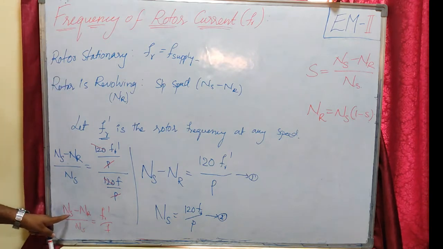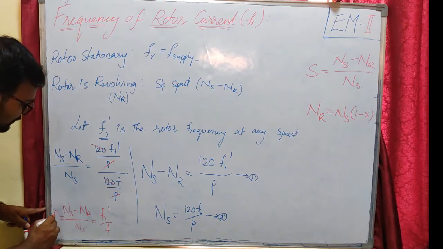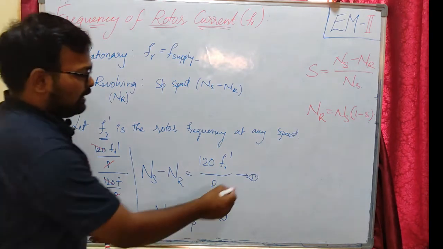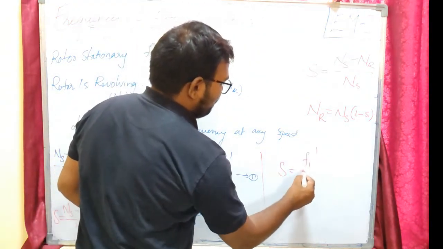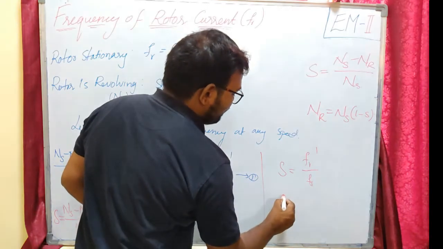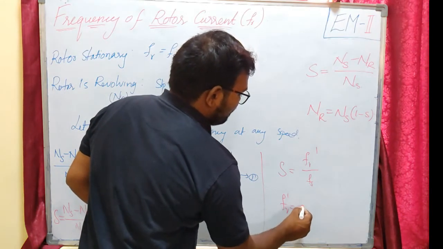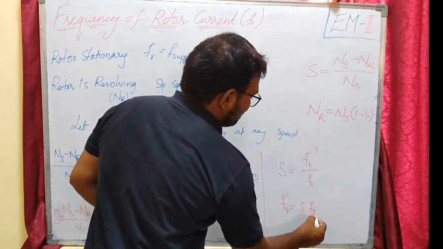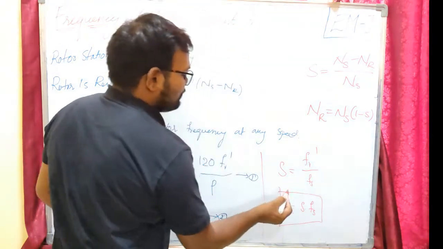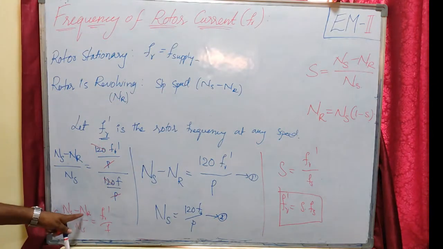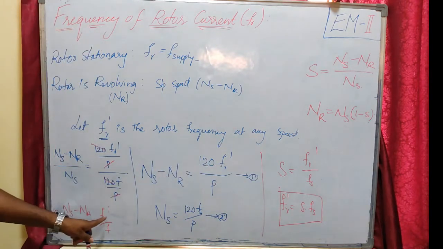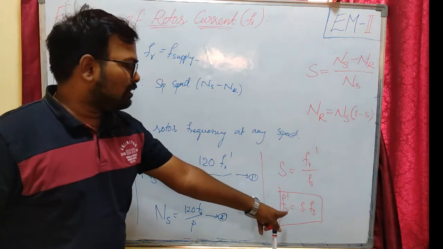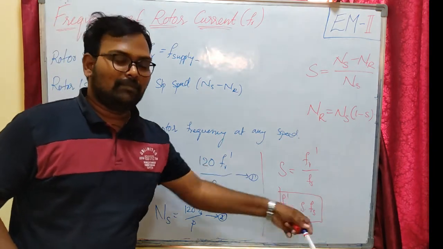You can see the expression for (ns minus nr) by ns is equal to S. That means I can write this as S equal to Fr dash by Fs. That means the frequency of rotor current will be equal to S times our supply frequency. Here I have replaced this expression with S, that means S equal to Fr dash by F. So our rotor frequency equals slip times our supply frequency.